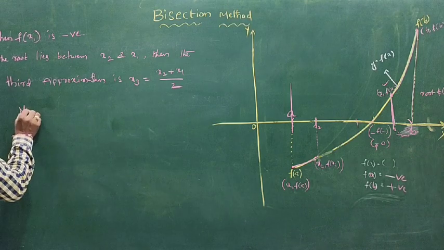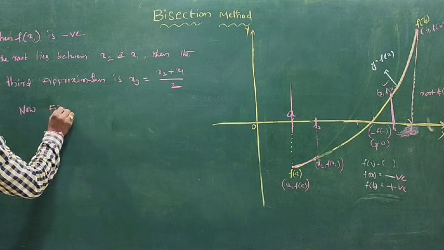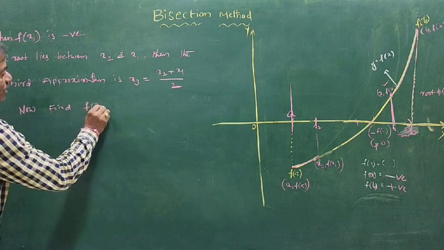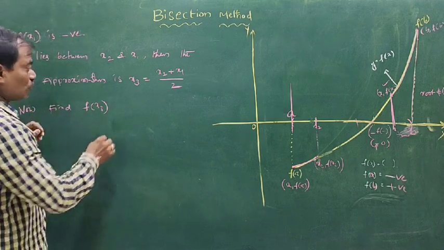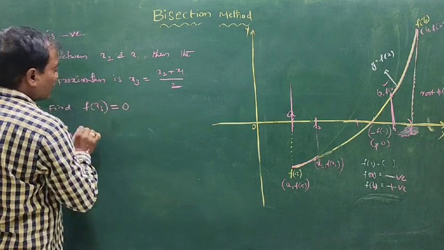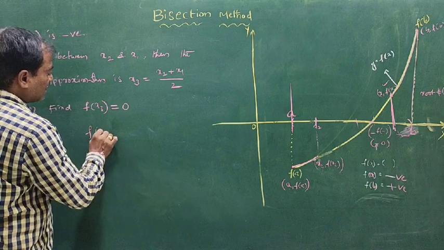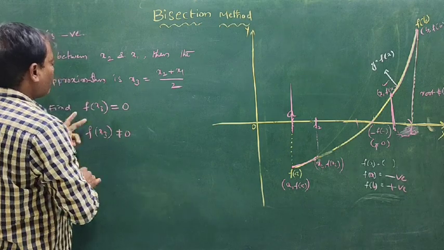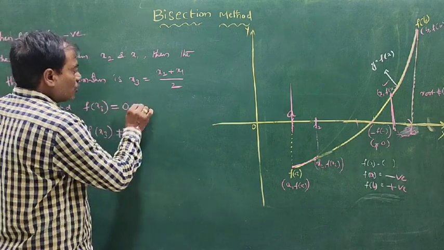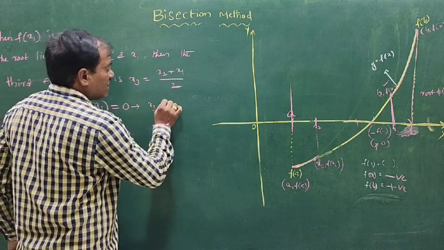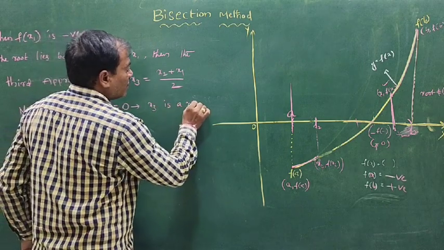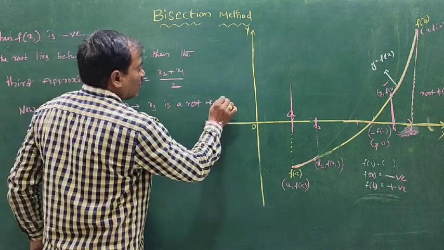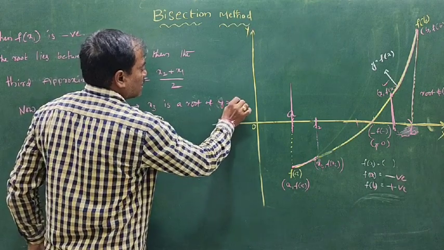We find f of x3, and again there are two possibilities: f of x3 equal to 0 and f of x3 not equal to 0. When f of x3 equals 0, x3 is a root of y equal to f of x.